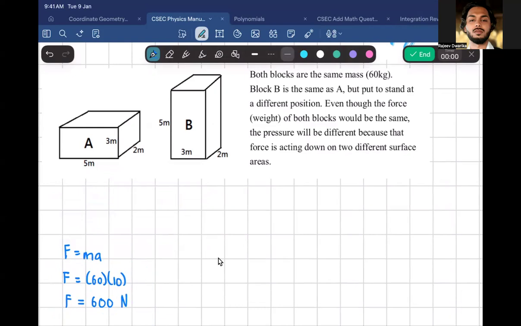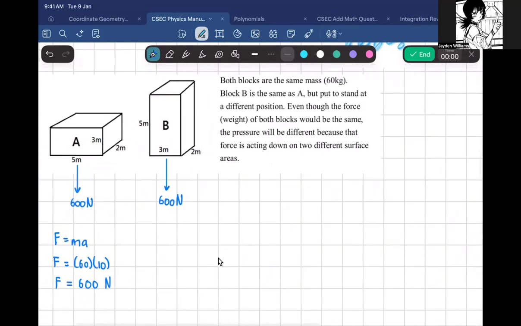First of all, you can't say force is heavier. You can say mass is heavier. I know I went wrong. I was supposed to say pressure, not force. They basically said the mass is the same, and even though the force of the weight of both blocks would be this, they literally said it in the question, so that's why I had mixed up force and pressure. That's my bad.